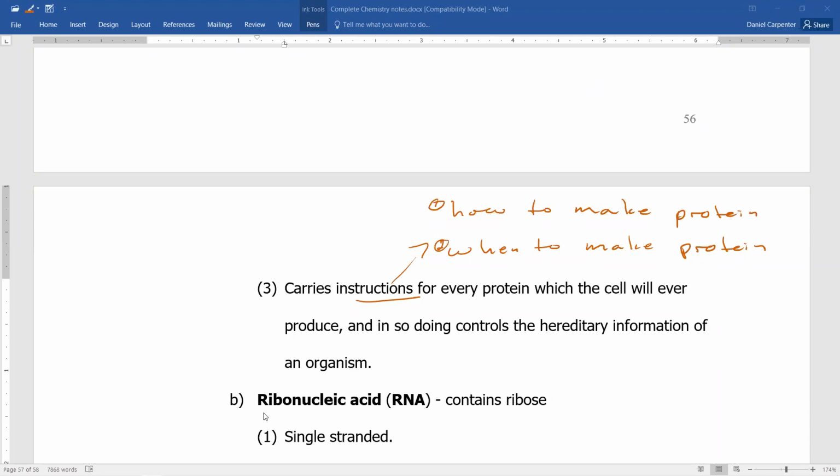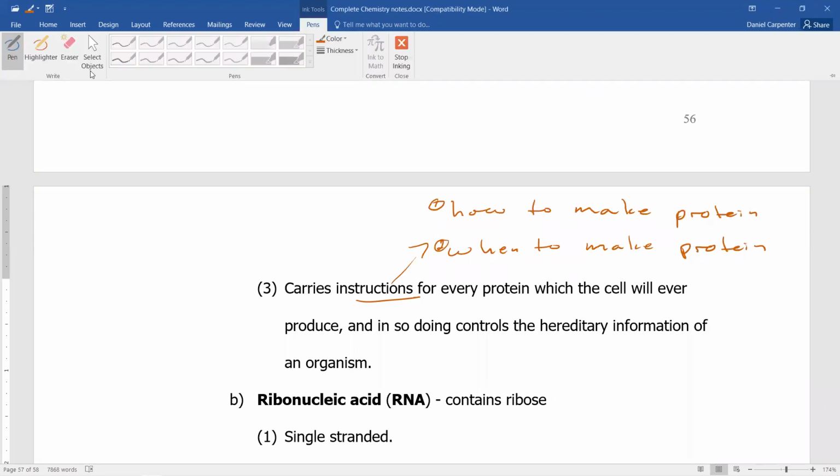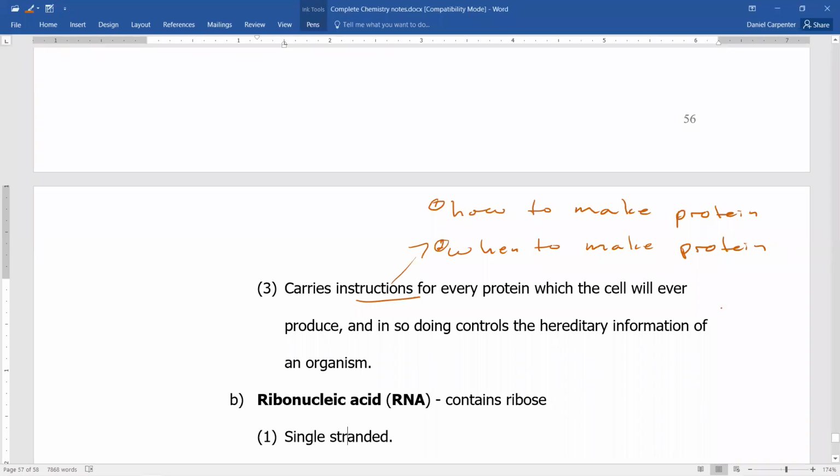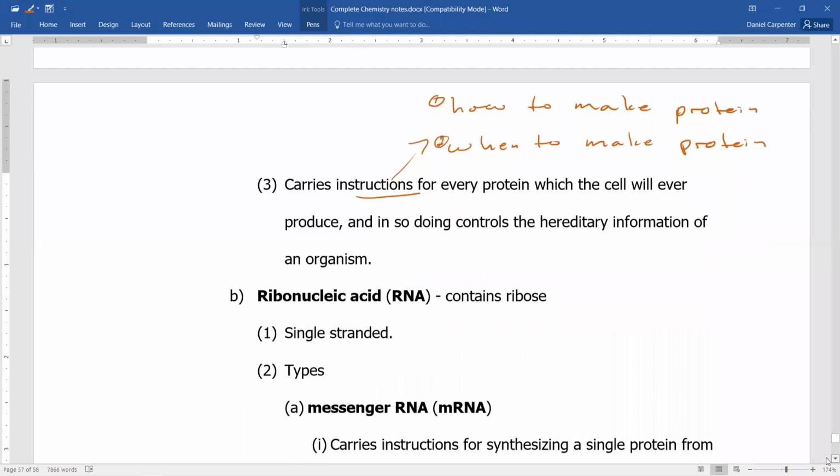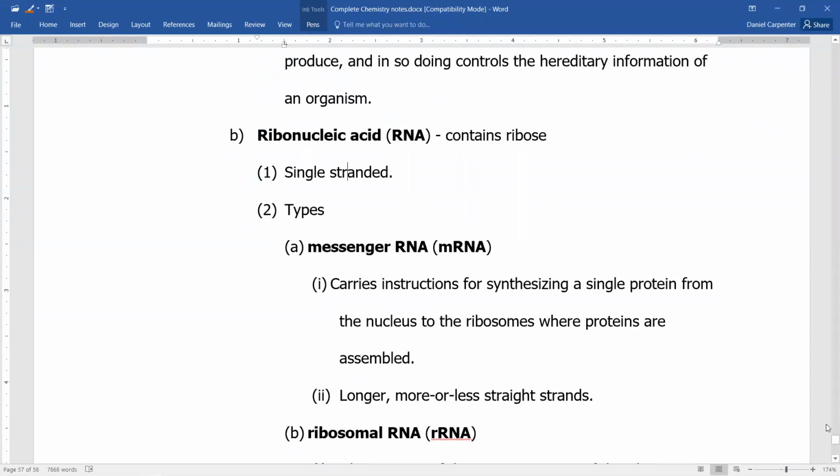All right, now that brings us to where we left off, which is RNA. RNA, it's complicated. RNA is single-stranded, although, how should I say this?